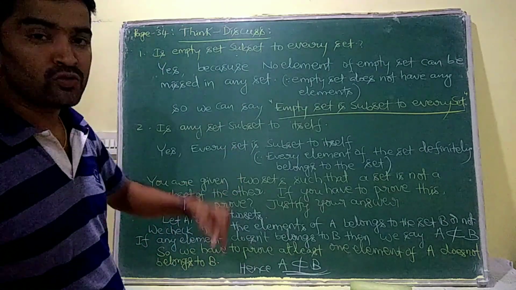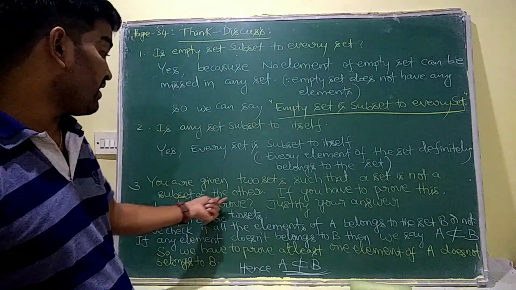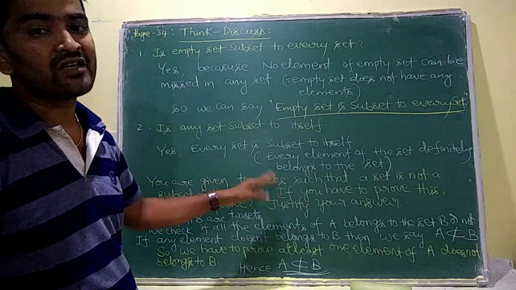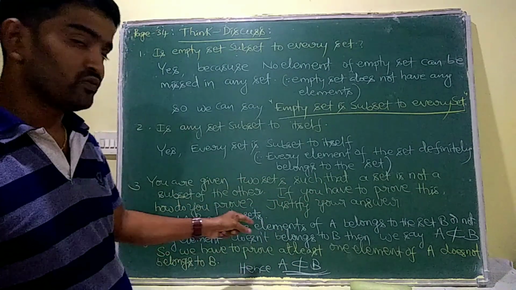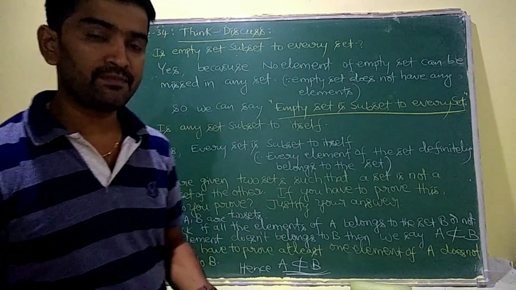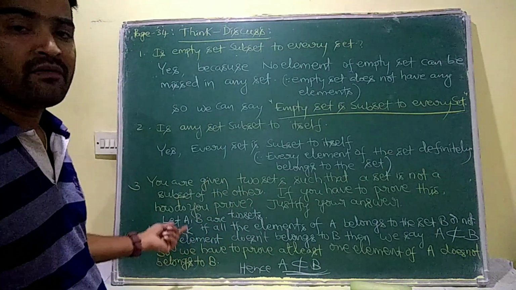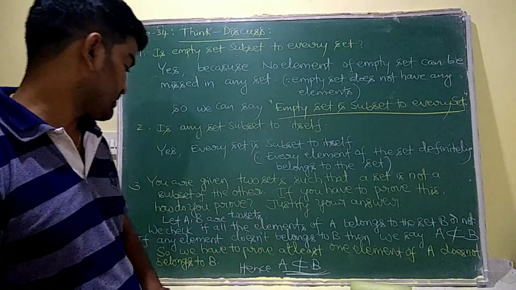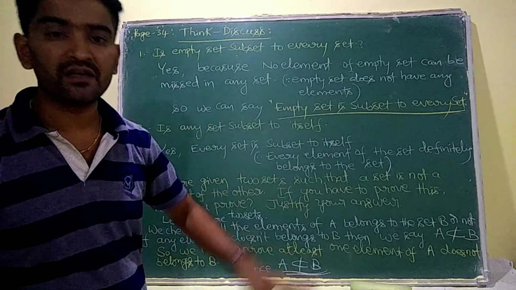Now, you are given two sets, he is telling us, such that neither set is a subset of the other. That means the two sets are not subsets of one another. If you have to prove this, how do you prove it? We have to justify that answer also. For that, let us suppose the two given sets are A and B. We have to check whether all the elements of A are there in B or not.